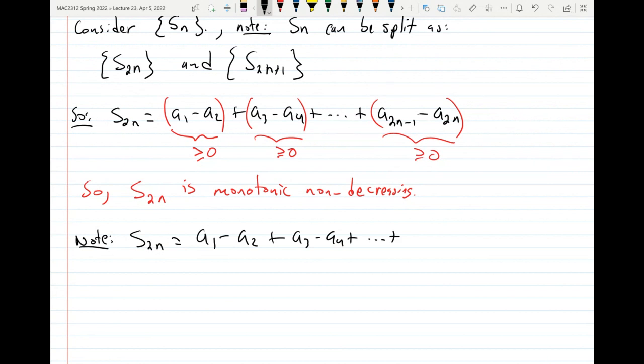Let me write the last four. So the last pair is A2n with the A2n minus 1. That was positive. Then comes the A2n minus 2, and then comes the A2n minus 3. Those are the last four. That's the tail of this, right?